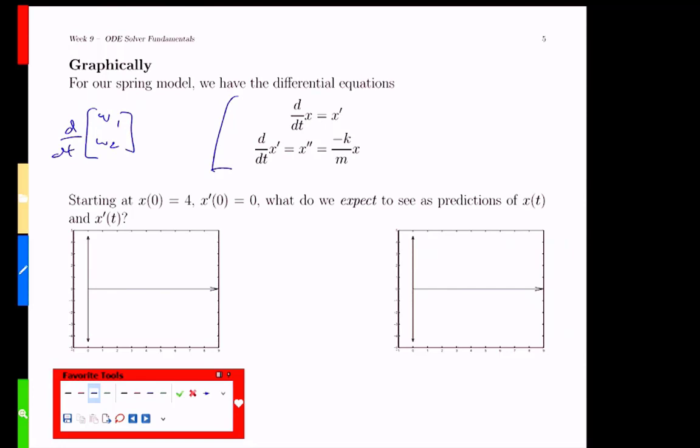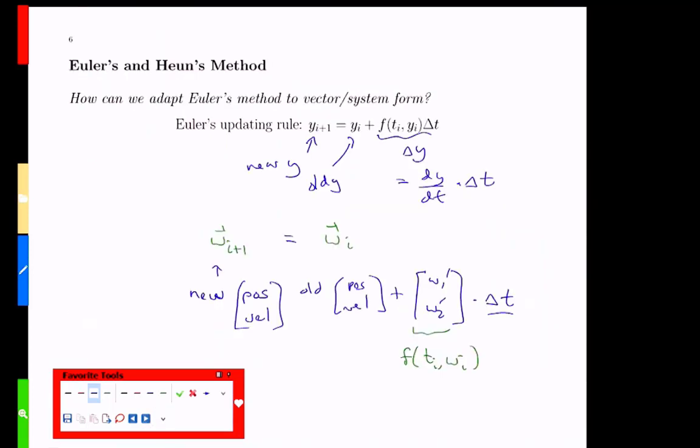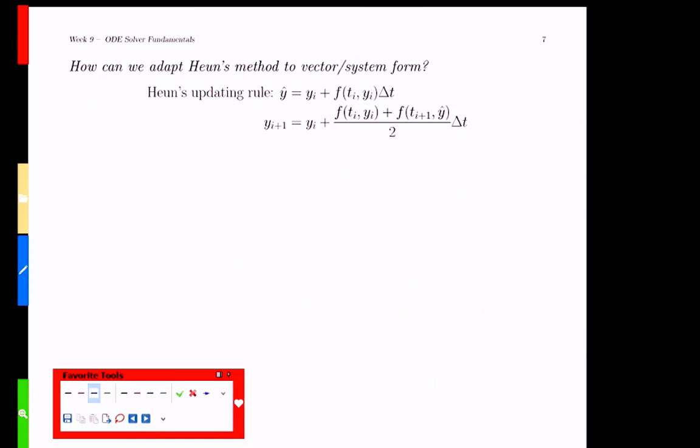So it's a vector as well. I have two things to take the derivative of, so we'll get a vector there. And the only thing that's still left as a scalar is time. So we're going to need to take advantage of that structure when we go to write our code to solve this. Heun's updating formula has a similar kind of arrangement, but it's basically the same thing. We'll see that more in action.